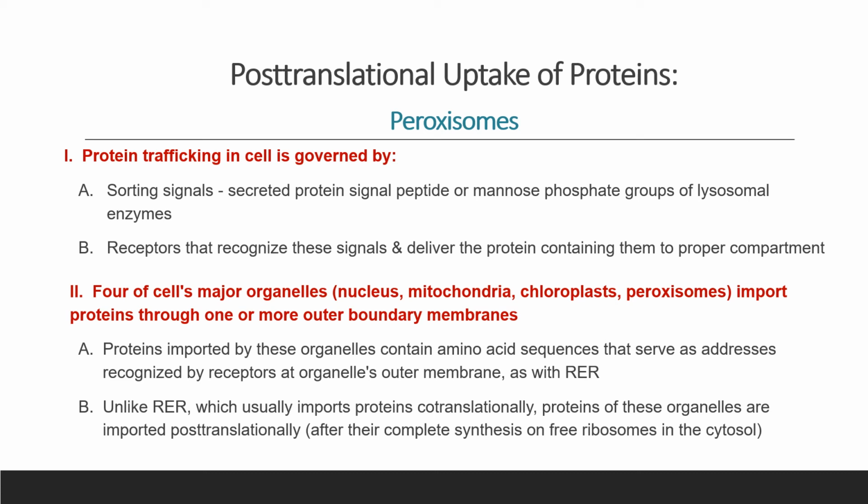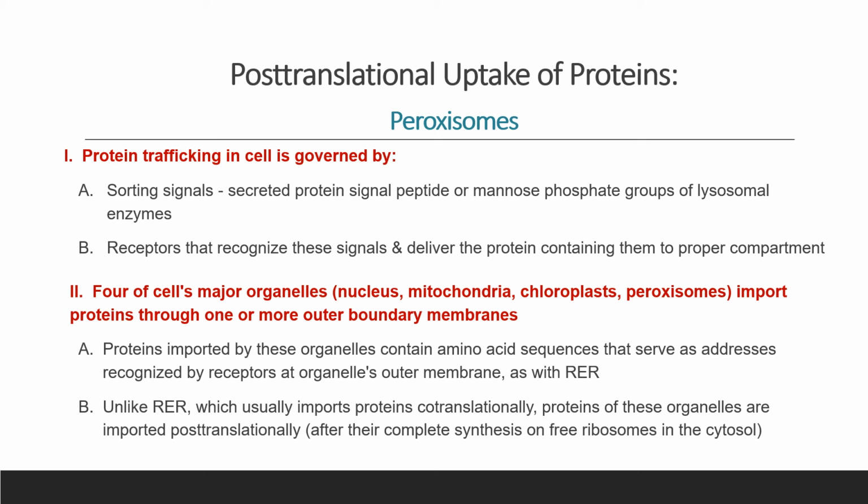Next, for post-translational uptake of proteins, we have the organelle peroxisomes. So, protein trafficking in the cell is governed by sorting signals, which are secreted protein signal peptides or mannose phosphate groups of lysosomal enzymes, and receptors that recognize these signals and deliver the protein containing them to the proper compartment.